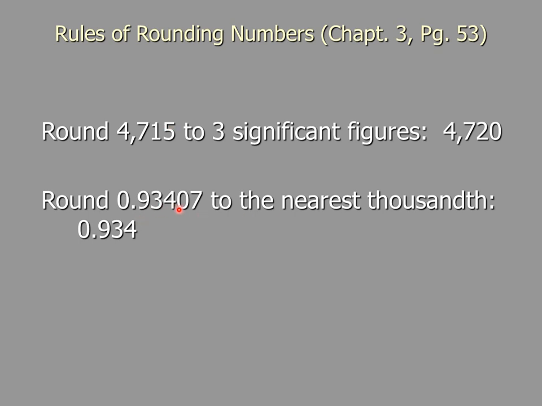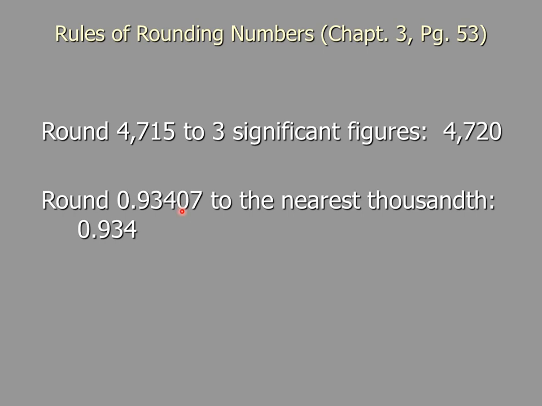Let's say somebody gave us this number and we were asked to round it to the thousandths position. Thousandths means 3 positions after the decimal point, right? Up to 4. So I'm going to drop these 2 digits, but look at the first digit I'm dropping. This is the first digit, and the first digit is 0.